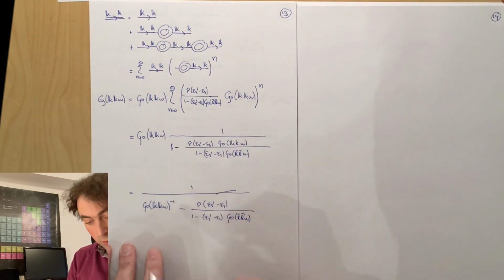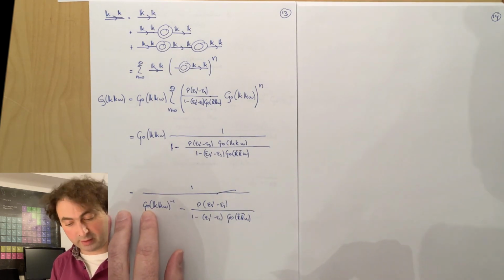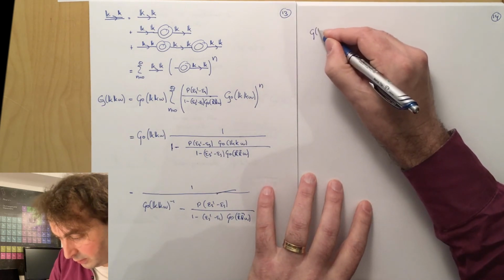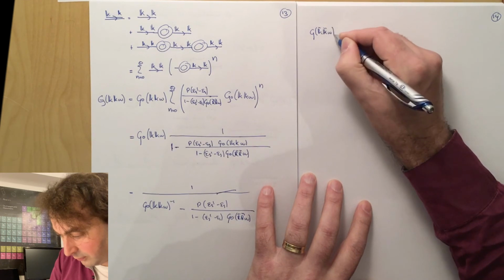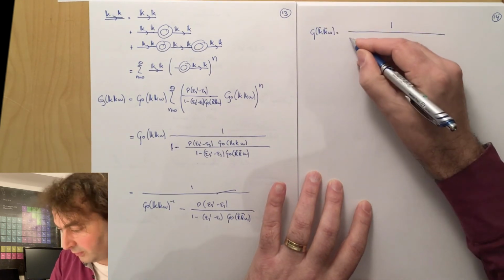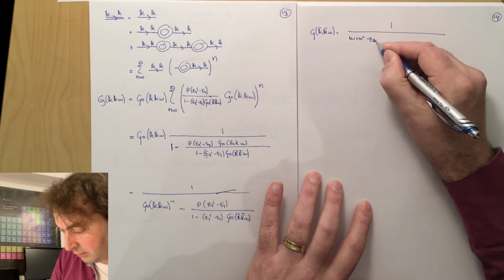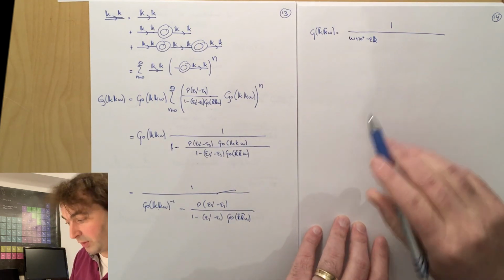Now the inverse of your Green's function is just omega minus epsilon k. So what we have here is 1 over omega plus i0 plus minus epsilon k, which is the inverse of your Green's function.